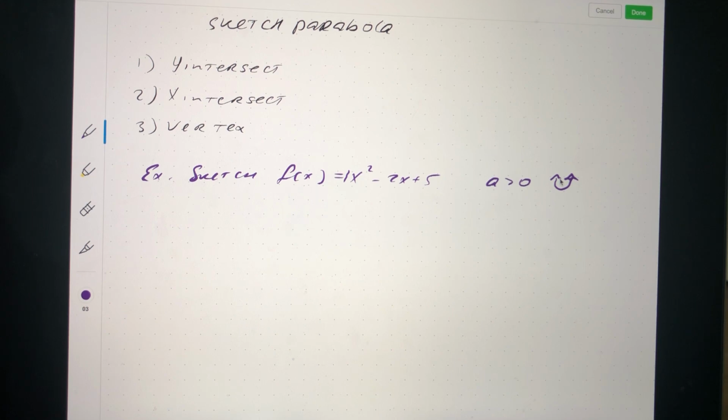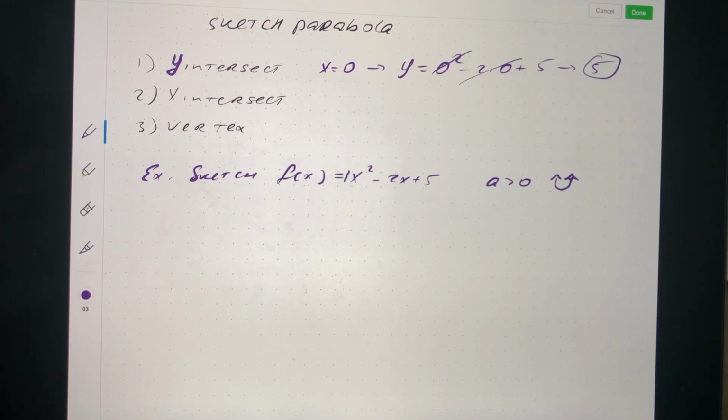To find the y-intercept, we need to make the x equal 0. If x is 0 in our original equation, that means we have y equals 0 squared minus 2 times 0 plus 5, which makes 5, because that's the point (0, 5). So we have the y-intercept of 5.